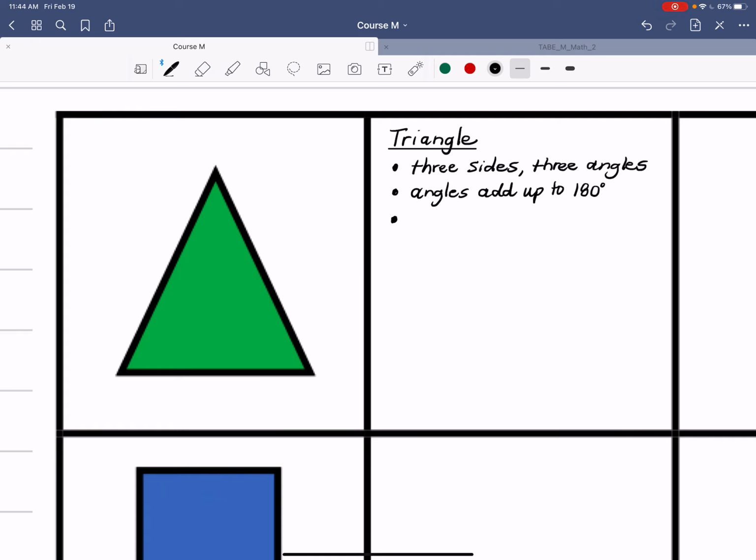Triangles can be named by side. And there are three kinds of triangles. There is an isosceles triangle. And an isosceles triangle has two equal sides. A scalene triangle has no equal sides.